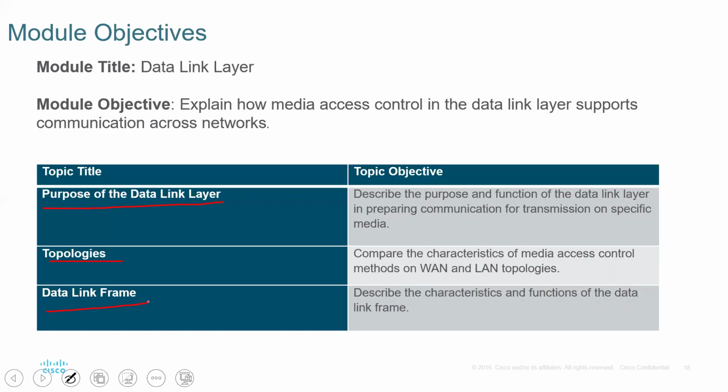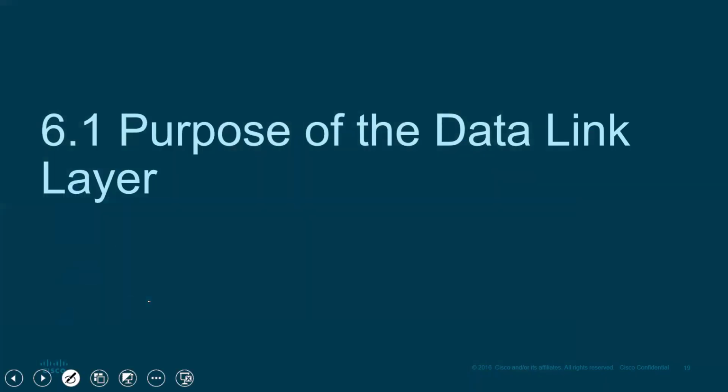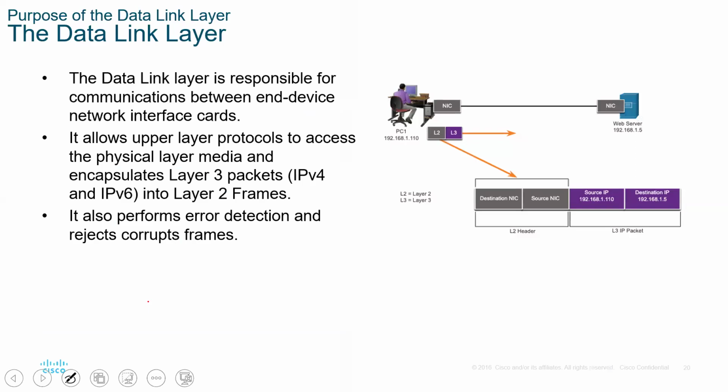The next layer after layer 1 is the data link, and that is what we want to be looking at. What is the purpose of the data link layer? The data link layer is responsible for communicating between the end devices' network interface cards, and it allows upper layer protocols to access the physical layer media, and encapsulate layer 3 packets into layer 2 frames.